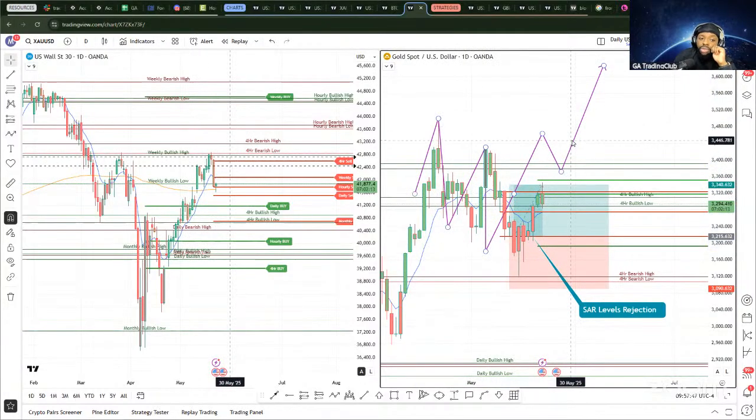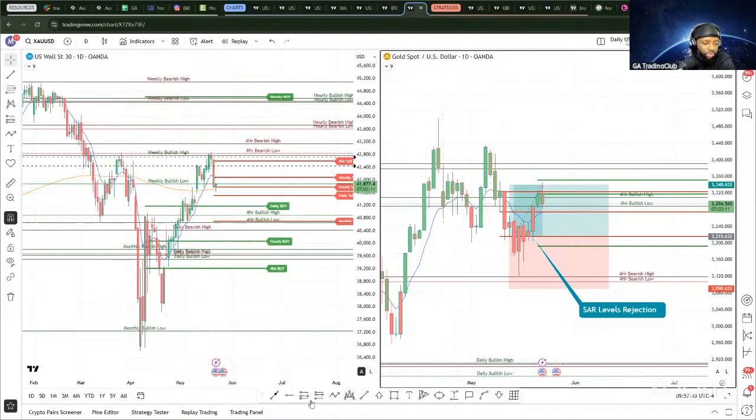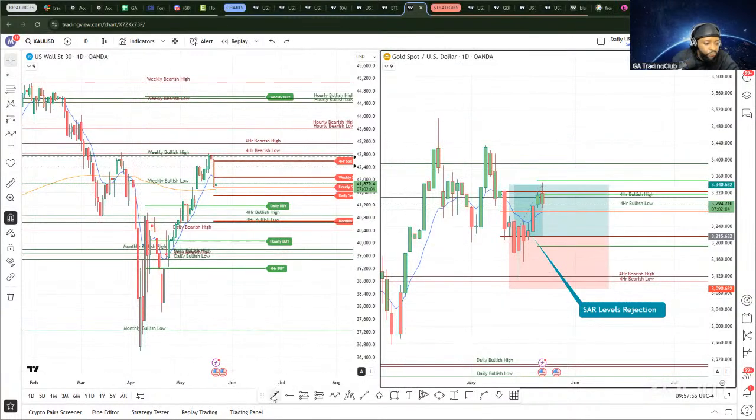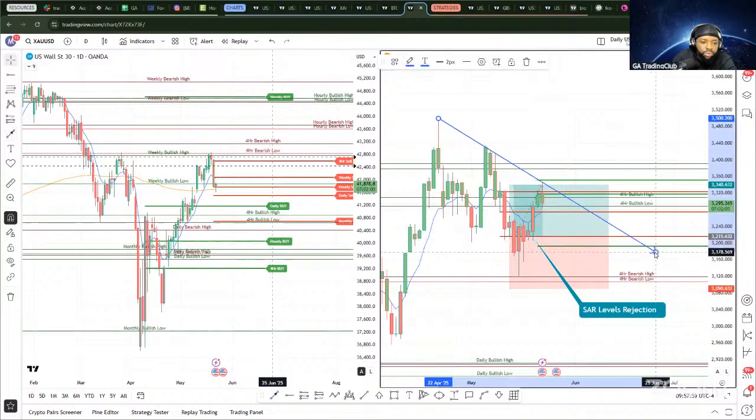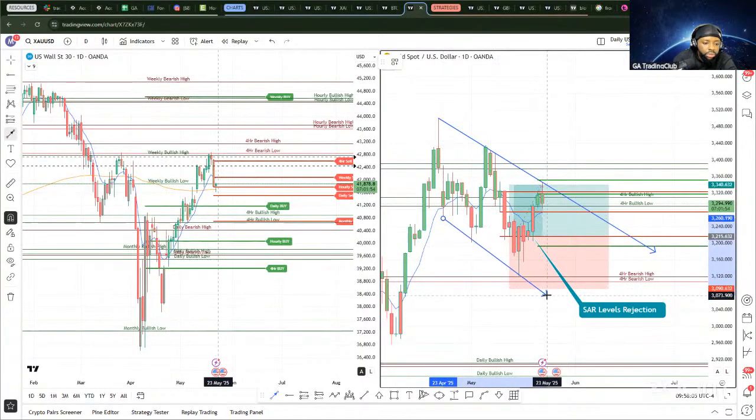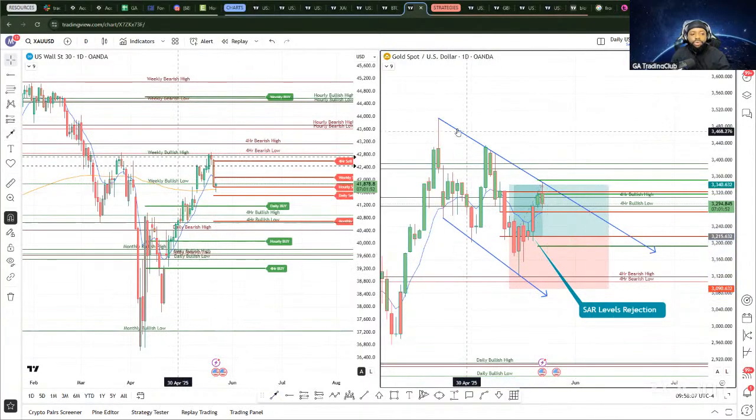But right now, the hourly is in a downtrend. Here's another way to visualize that. If you draw trend lines, you can see here we're in a downtrend for gold.